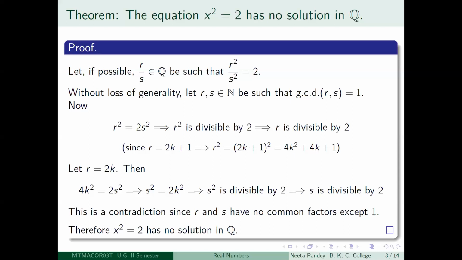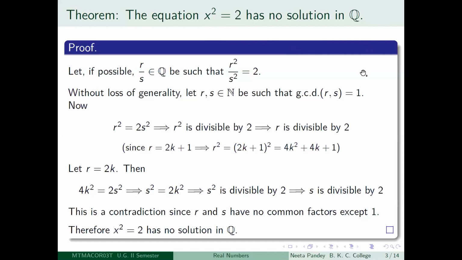So there are many points on the real line which will not correspond to this type of equations. x squared is equal to p, where p is prime, so the solutions are also not rational numbers. Now instead of 2 you could have taken any other exponent, so say for example x cubed or x to the power 4 equal to a prime, so that also would not have any solution in rational numbers.